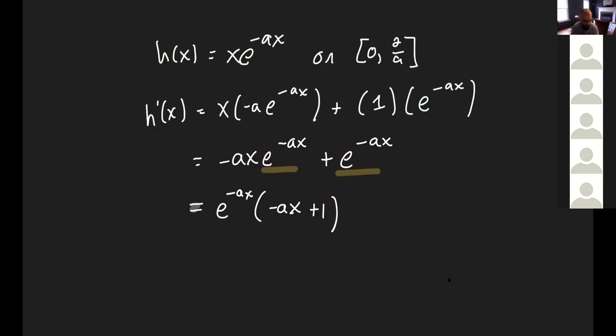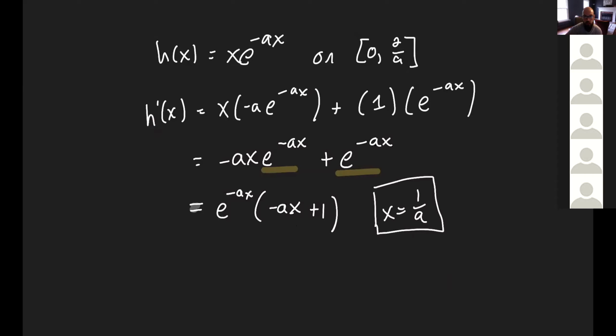And so what we should find here is that we get a critical value at x equals 1 over a. By doing this derivative out by hand, I'm actually able to find a formula. So instead of just guessing at what that maximum value might be, I'm able to compute it directly.